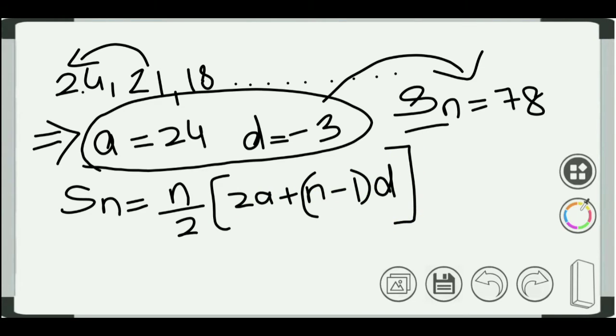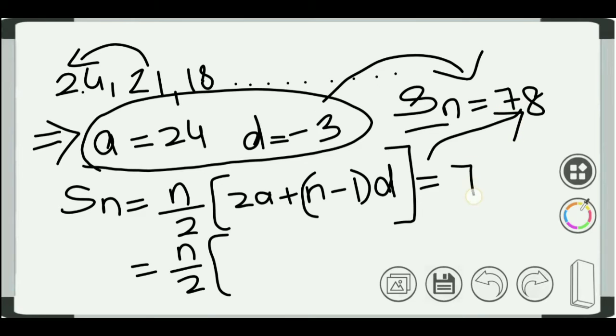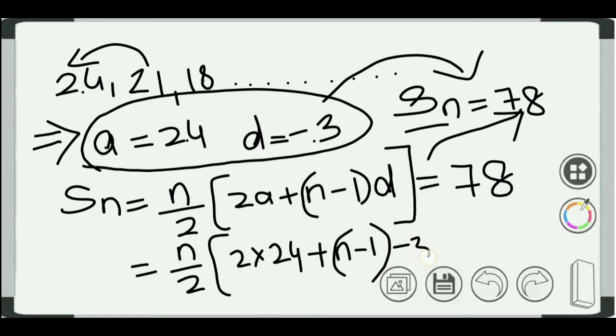Now n by 2 into, so this is equal to what is given in the question, 78. So I can equate it to 78. So 2 into a, 2 into 24, 48, plus n minus 1 into d, which is given in the question as minus 3, equal to 78.